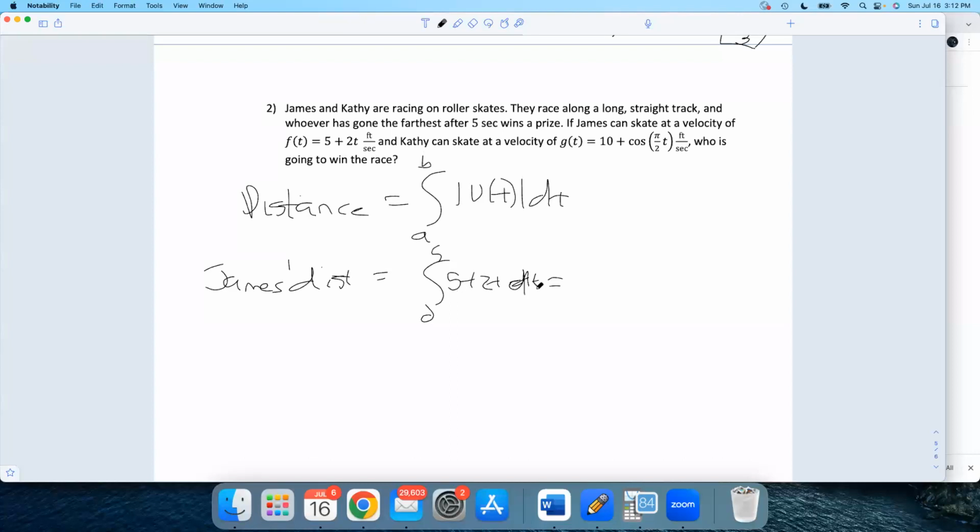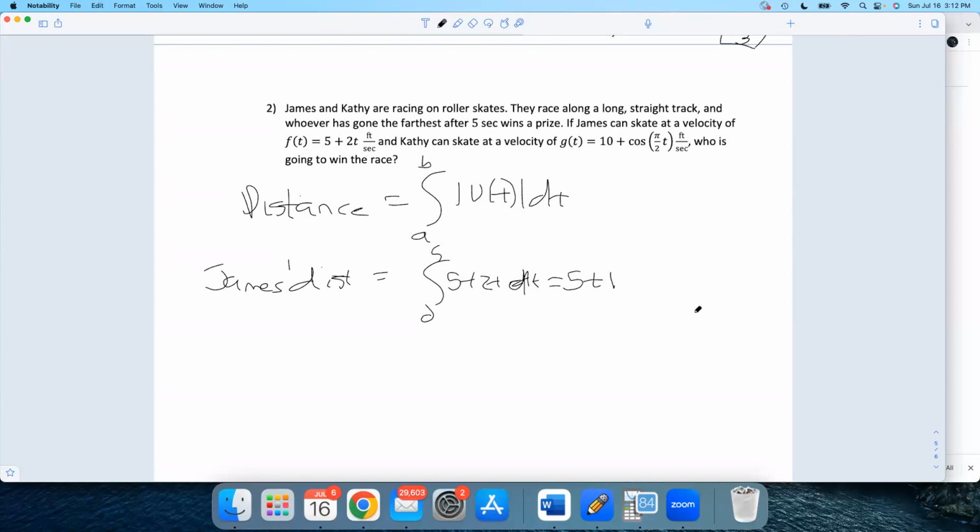The antiderivative of 5 is 5t. Remember, we're not doing derivatives, we're doing antiderivatives. The antiderivative of 2t is t squared. So my exponent was 1, it went up to 2, and then I divided by the new exponent.